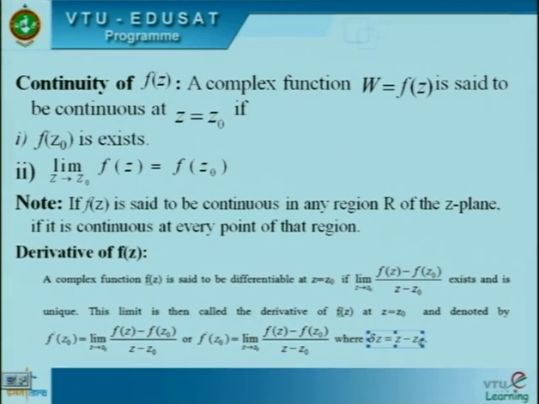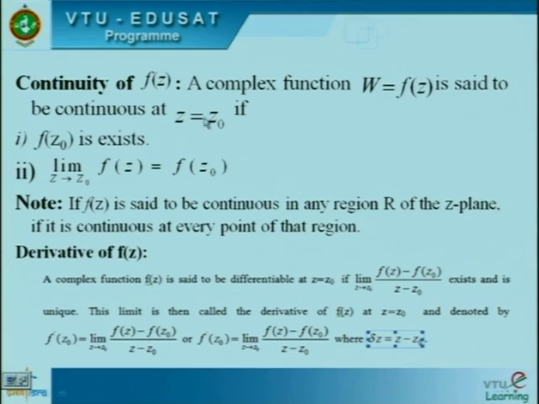Then, once the limit exists for a defined function, we can find the continuity of a function f of z. A complex function w is equal to f of z is said to be continuous at a point z is equal to z naught if f of z naught exists and the limit as z tends to z naught of f of z is equal to f of z naught.